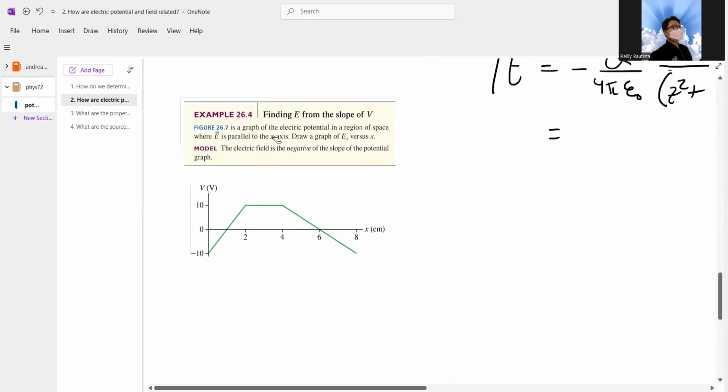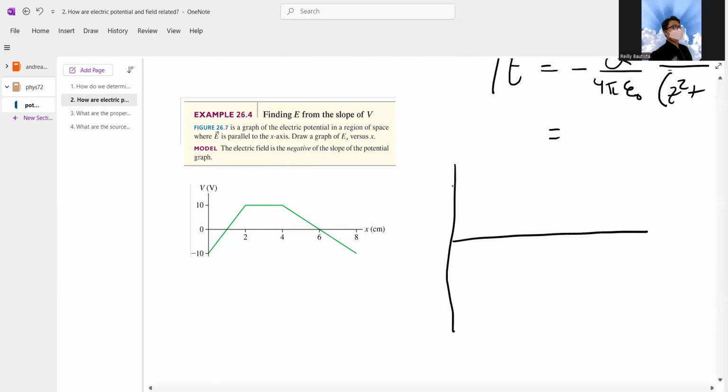Finally, we have the graph of the electric potential in a region. We just have to draw. Again, it's just the slope. It should be clear to us that it's essentially the slope of the plots.